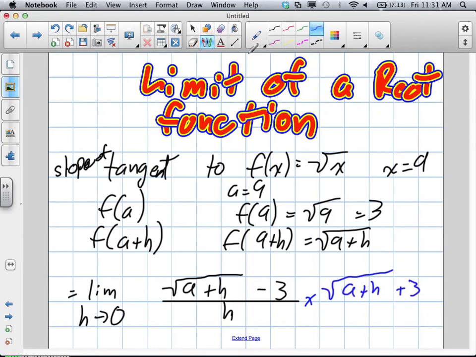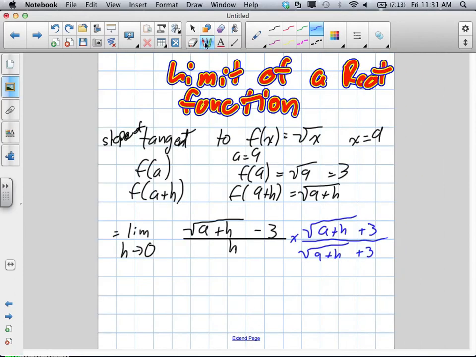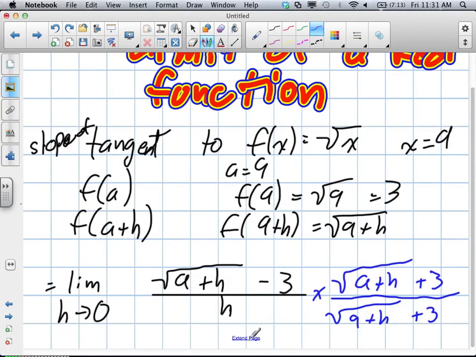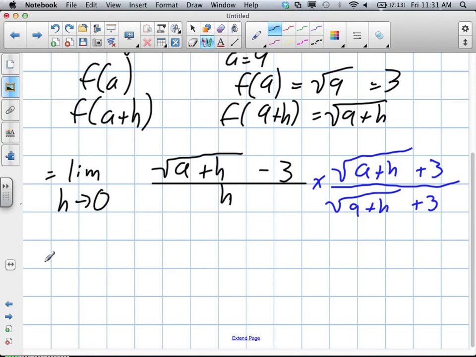But when we do that to the top and the bottom of this fraction: root 9 plus h plus 3. Okay? Again, we have the limit of h as it approaches 0.